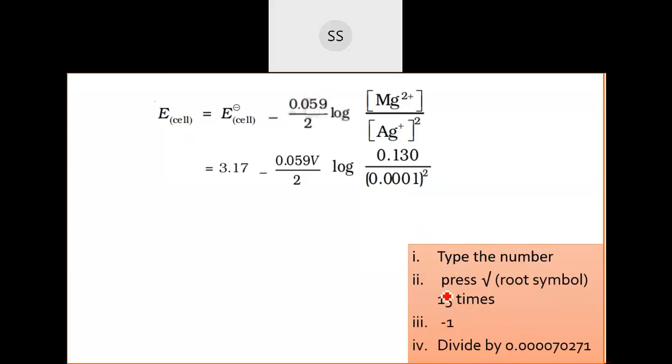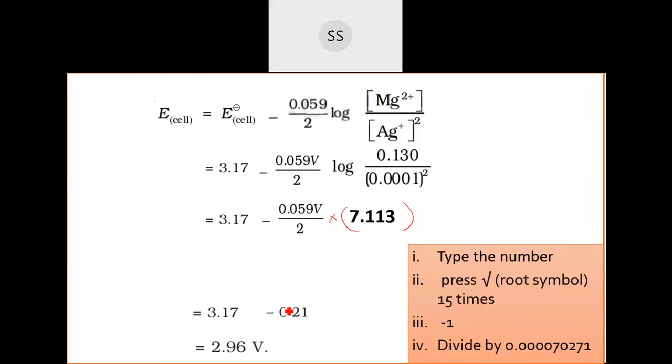So type this number, press the root symbol 15 times, -1 and then divide. I hope you are able to get the answer. Are you all there? 3.17 minus 0.059 by 2. This is the answer, no? I hope you are able to get 7.113 something. Then you multiply this. Altogether, you will get 0.21, I guess.